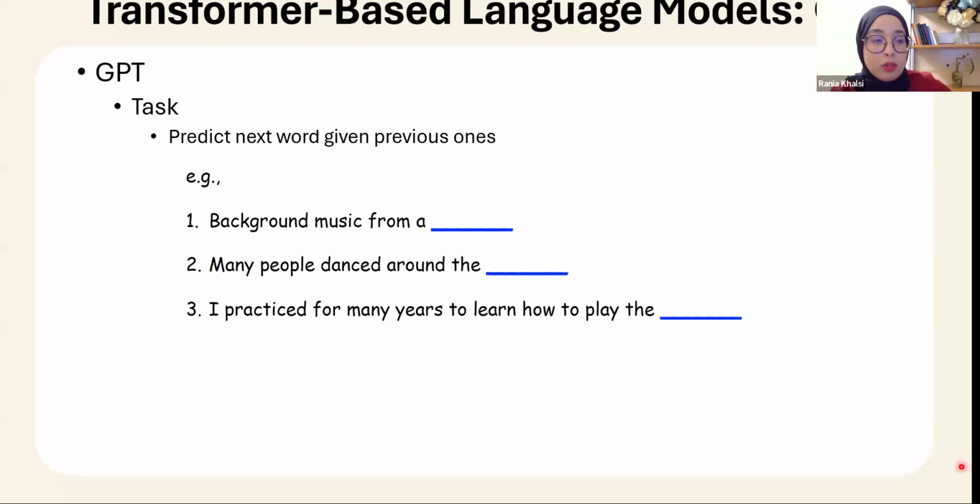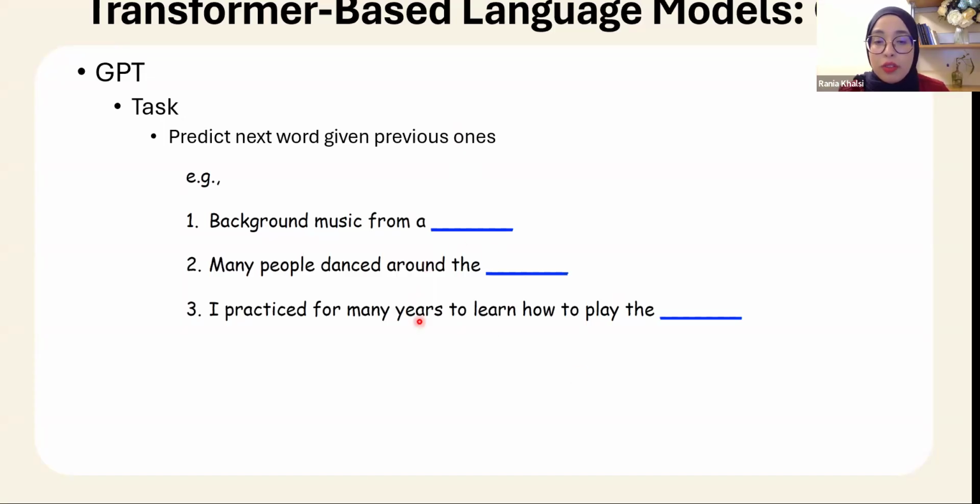So now GPT models are pre-trained for a very specific purpose, okay? If I provide a sentence, like in the example here, the model must have the ability to predict the next word, and that is mainly based on the previous ones, okay?